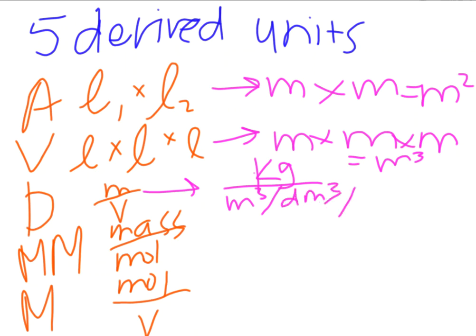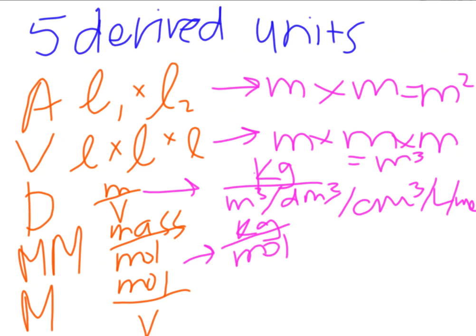Oh, the m is actually meters, not mass, if I said that earlier. And then centimeters cubed, or liters or milliliters. And then for molar mass, it would be kilograms over moles, or grams over moles.